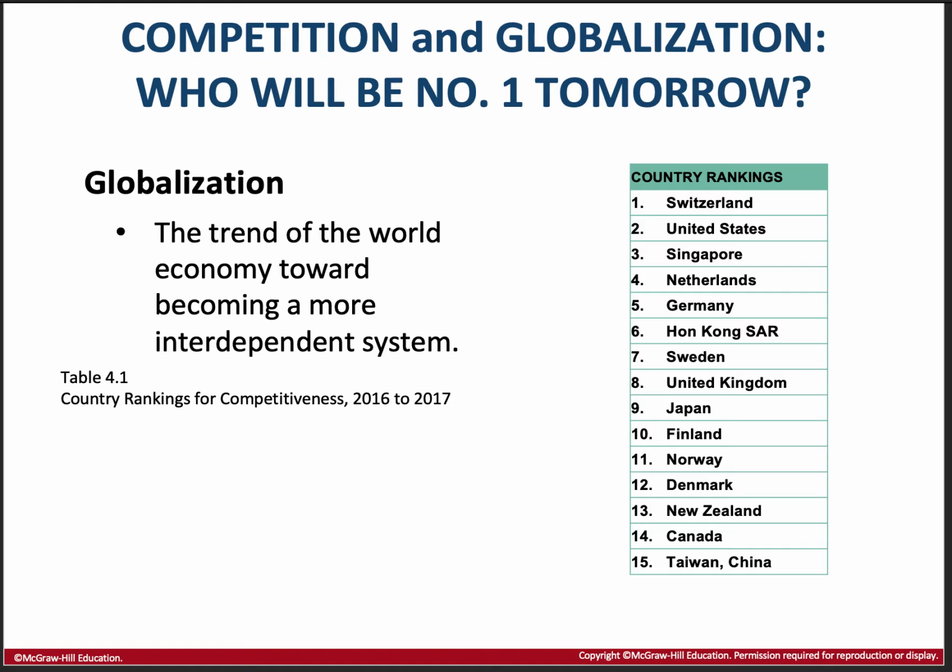Something else that you may look at is whether or not you believe that the U.S. is the richest in terms of gross domestic product. Gross domestic product is the total value of all goods and services combined that a nation produces.